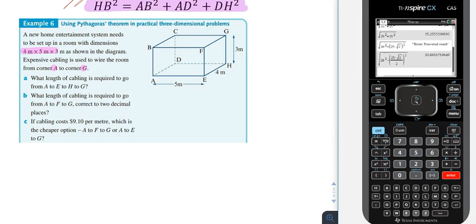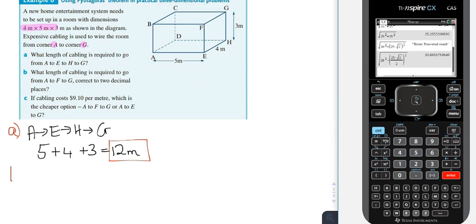Part A is the length of cabling if we went from A to E, E to H, and H to G. So we're basically running along the edges of the room. We're not doing any diagonals. So the length of cabling is just going to be that 5 meters and the 4 meters and the 3 meters added all together, which will give us 12 meters of cabling basically. That's all part A is asking for.